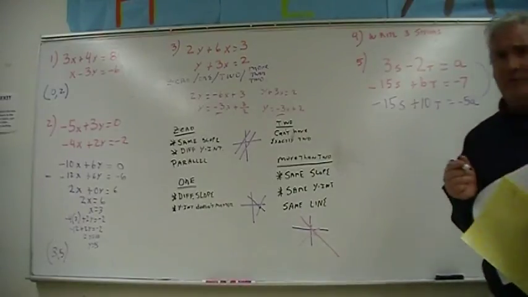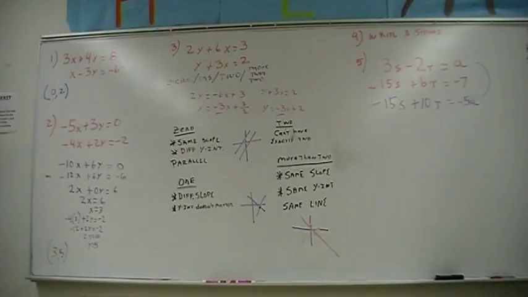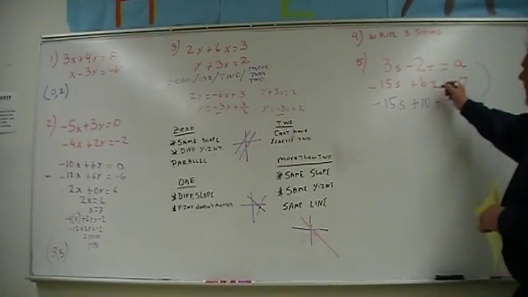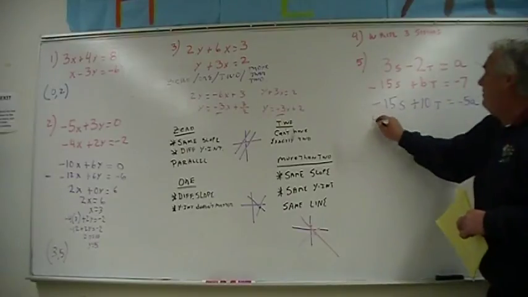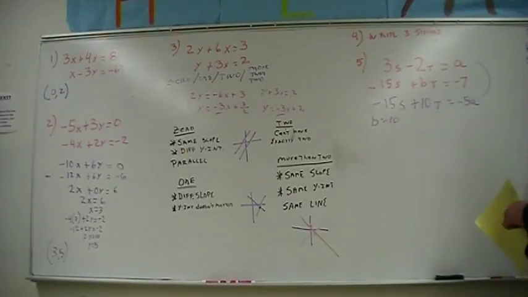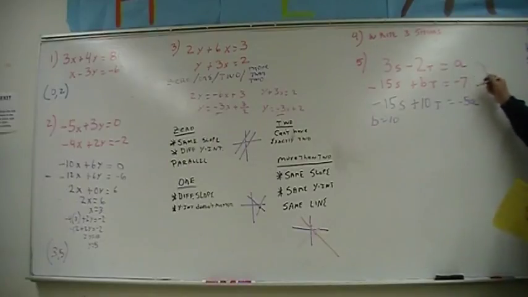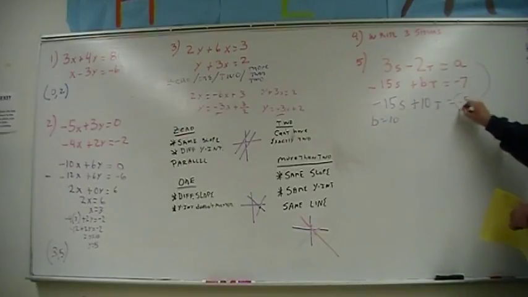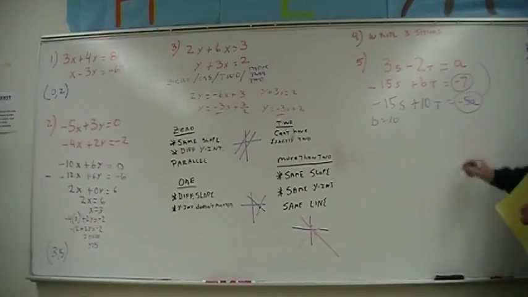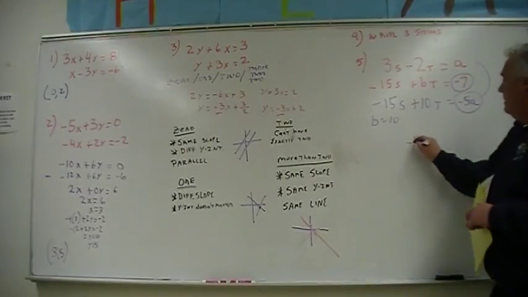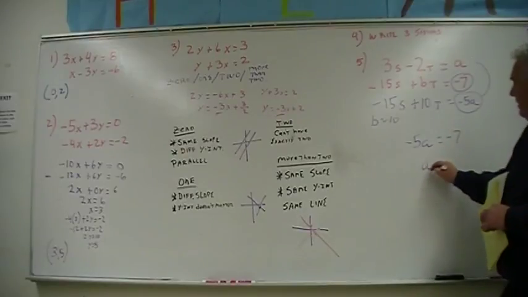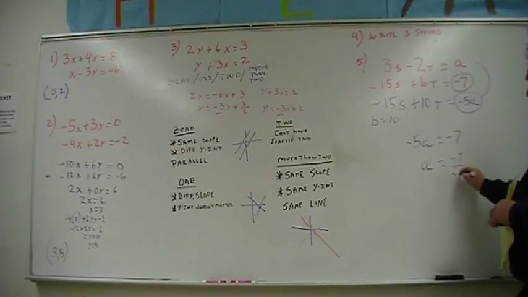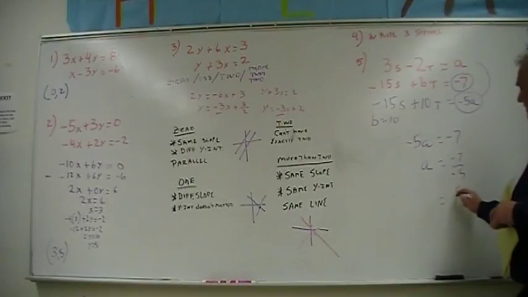They're all going to be the same. So that means B is 10, right? Because if they're the same, then B equals 10. But they're asking you what A equals. So if this equals this, A equals negative 7 over negative 5, which equals positive 7/5.